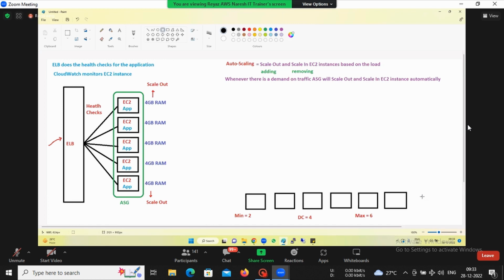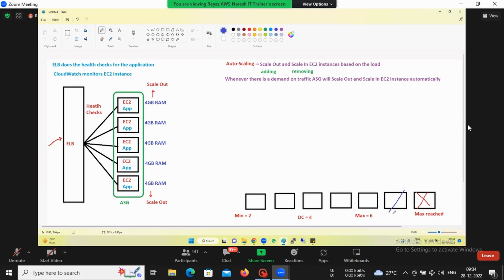So again, load has been increased. Can you tell me, will one more EC2 instance get launched? Answer is no. Because why? Maximum reached. Correct? Now scale in is happening. So there is no load, and the auto scaling group understood that there is no load here, so I need to scale in. So scale in has happened.